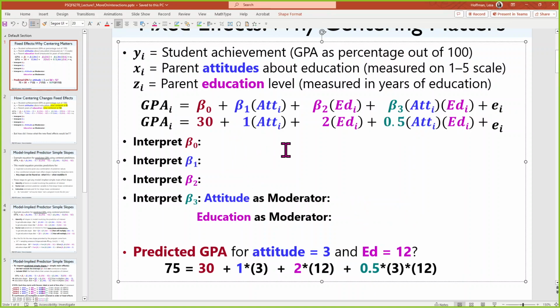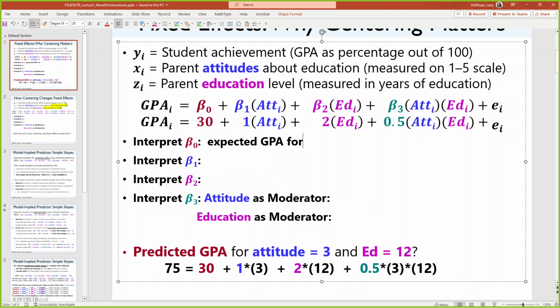Now let's write up our results section. Beta 0 is my intercept. What's it mean? I'll start you off. Expected. What's my outcome? Feel free to read from the screens. When, or let's go for.